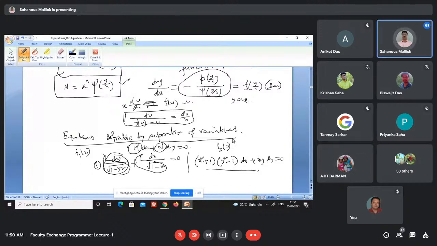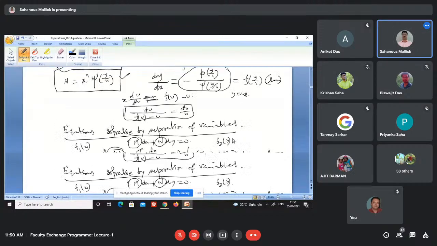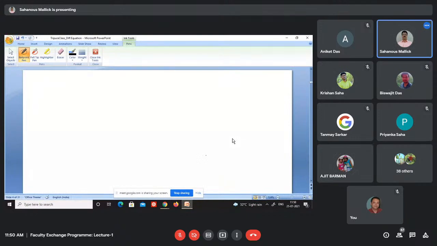Now I'm in a position to state the rules of finding an integrating factor.